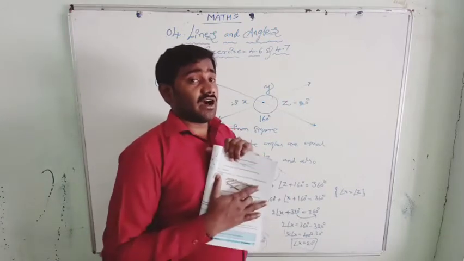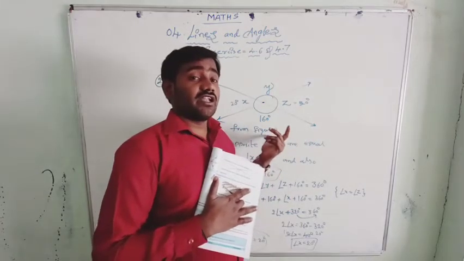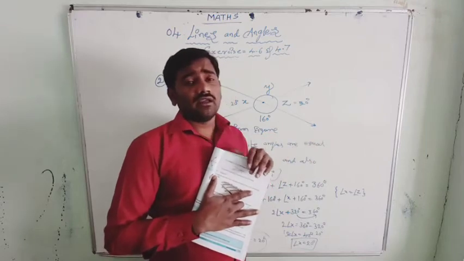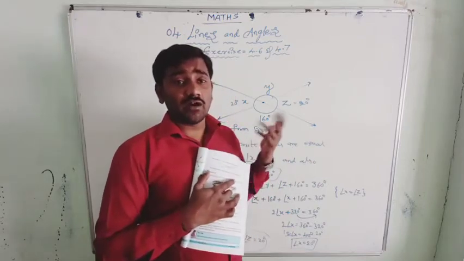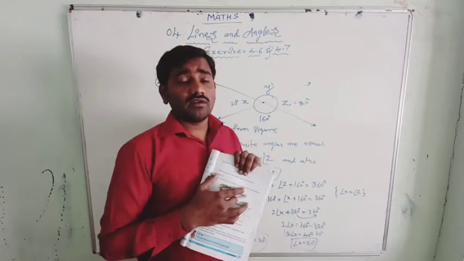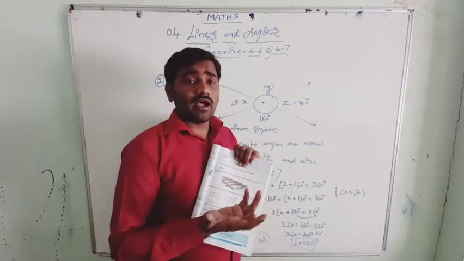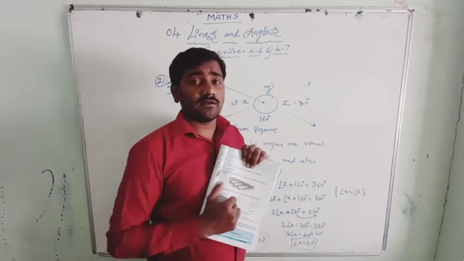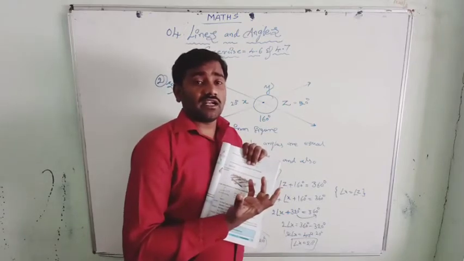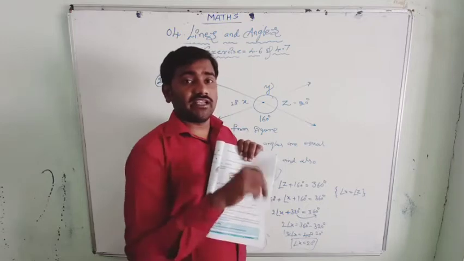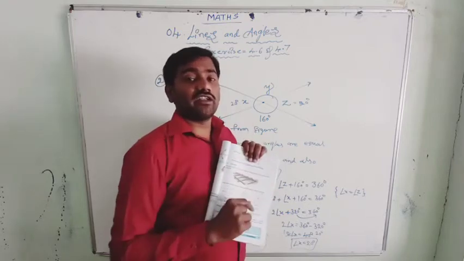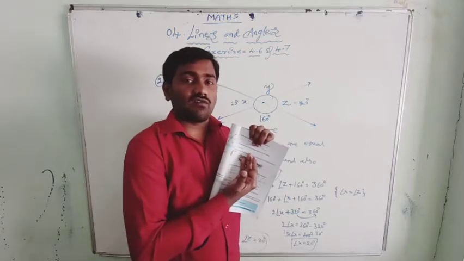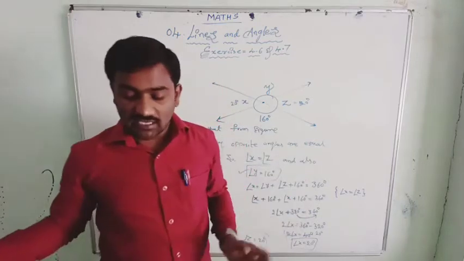Like see in the alphabet X, the vertically opposite angles are formed, and also in cycle wheels and bike wheels, and also in the danger symbol. Normally you can see in transformers, a big electricity supply place, they keep a danger symbol. So there you can find vertically opposite angles. So this exercise is completed.